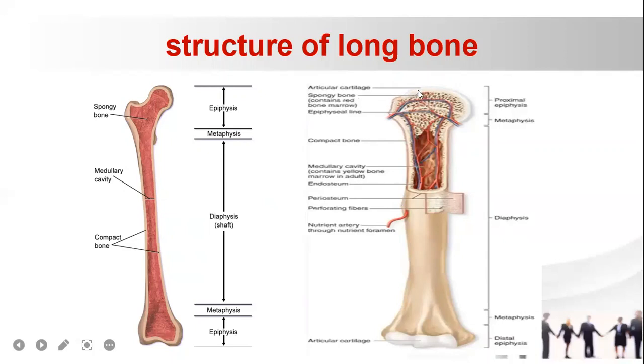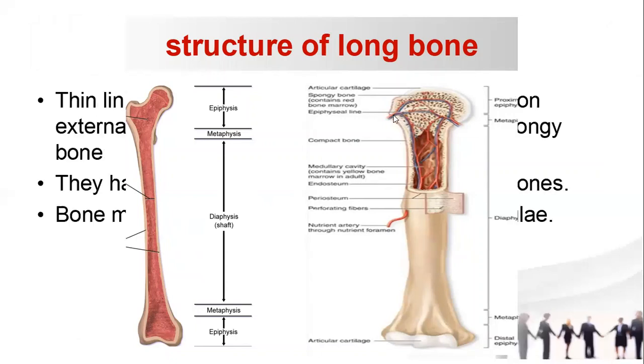And we have the articular cartilage covering the ends of long bones, and this is part of the joint. Also, articular cartilage is found on the distal part. This structure was taken from the femur, the bone of the thigh. So that's all about the basic structure of long bone.